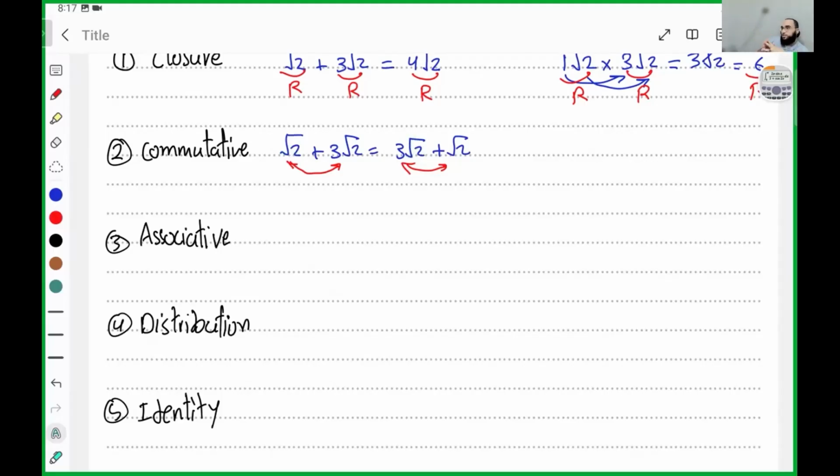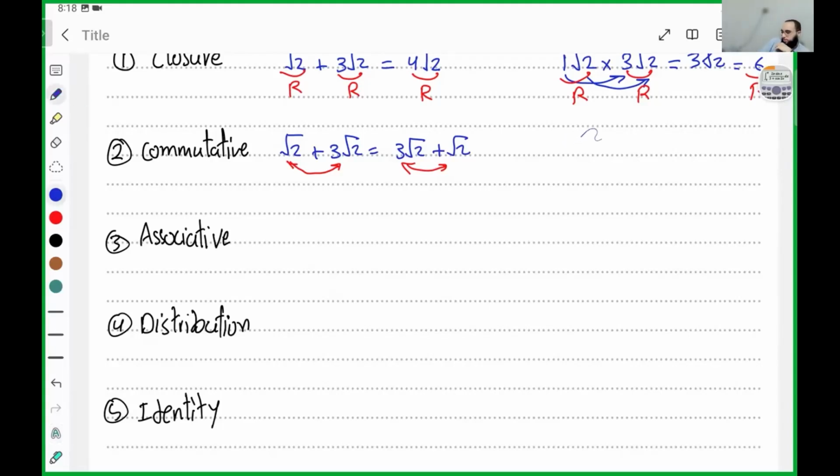Both are correct. That is the commutative property. You can flip the numbers without changing the value of the answer. With real numbers, there is no change in the answer. If it is 2 plus 3, it is equal to 3 plus 2. No change. Is it clear?